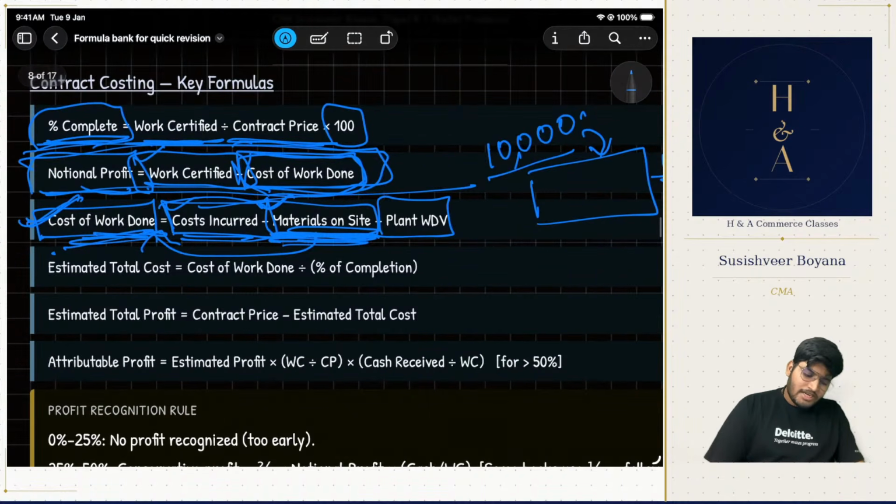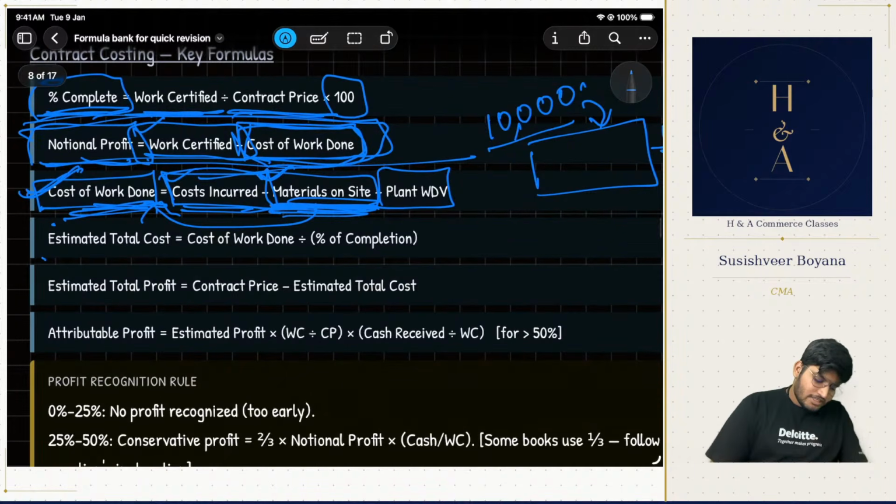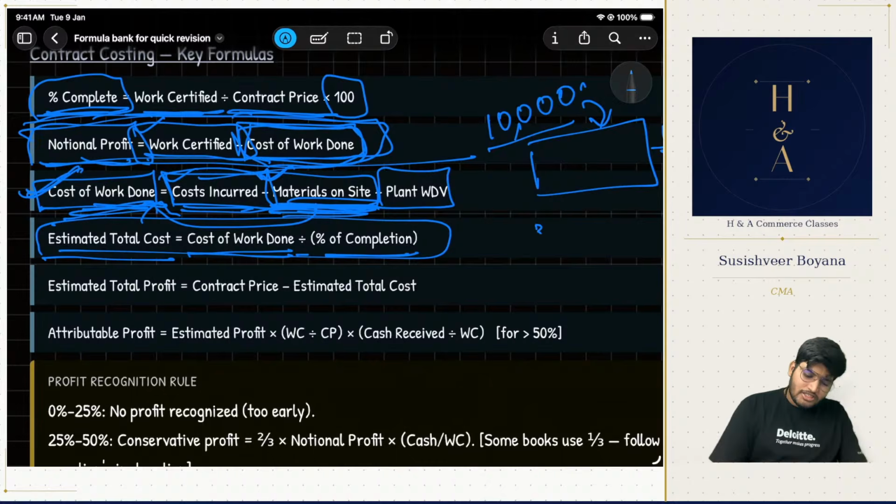Again, plant written down value is also reduced. Estimated total cost is cost of work done divided by percentage of completion. I've already spent 3 lakhs, sir. I'm 50% done. So what is it going to be?